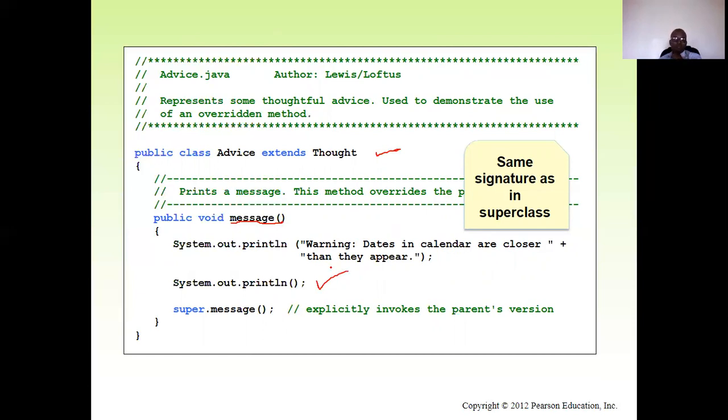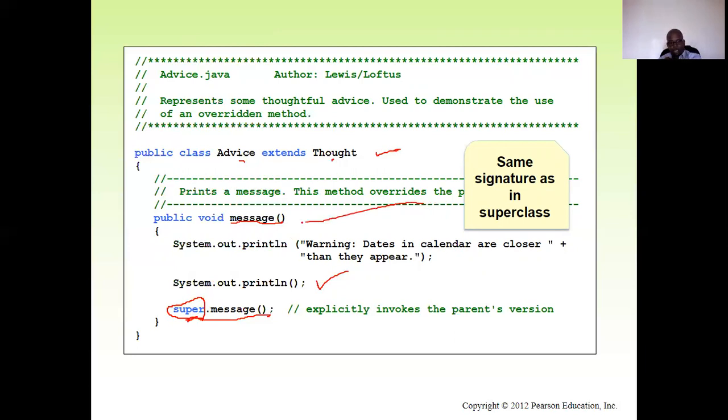Now notice here, we explicitly call the message method from the parent class. Yes, that's what super does. Notice, advice extends thought. So here we explicitly call message from the parent class, which is thought. Any question?